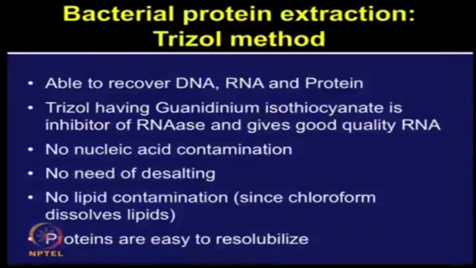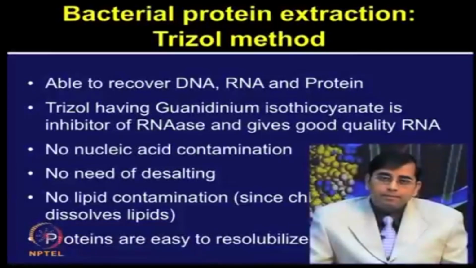Trizol, having guanidinium isothiocyanate, is an inhibitor of RNases, and it provides very good quality RNA. This method also eliminates any possibility of nucleic acid contamination, because you are already removing DNA and RNA. Salts are also removed by this method.